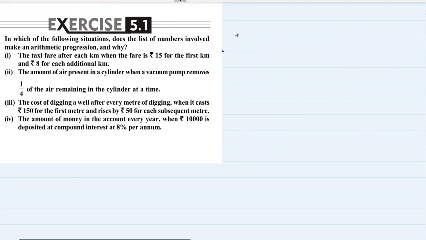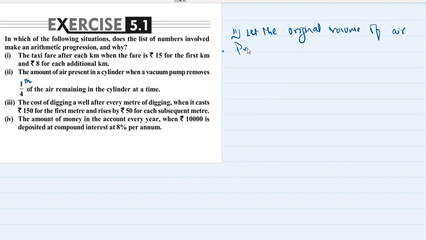Next question. The amount of air present in a cylinder when a vacuum pump removes one-fourth of the air remaining in the cylinder at a time. Let the original volume of air present be x units.